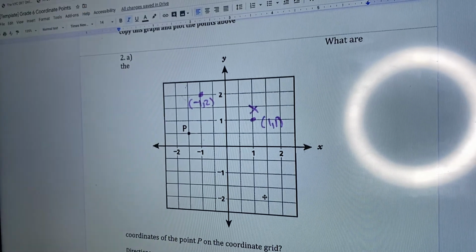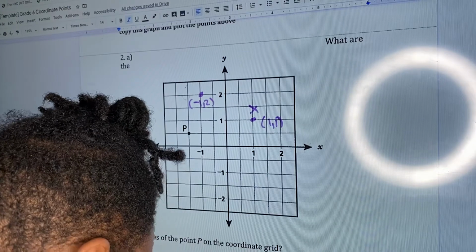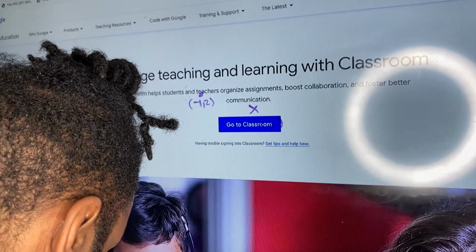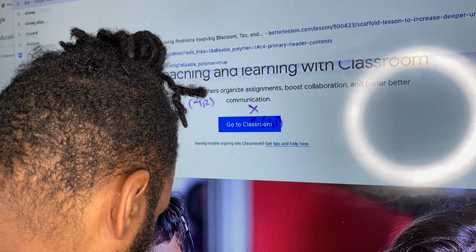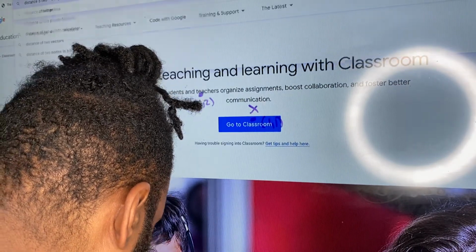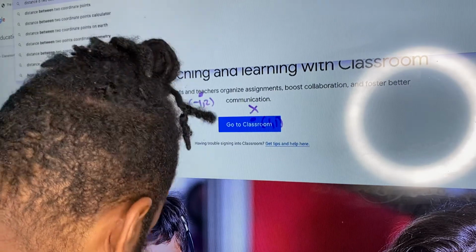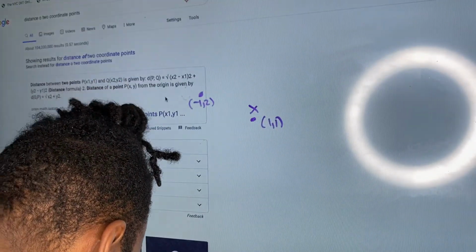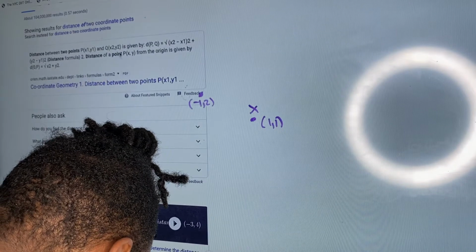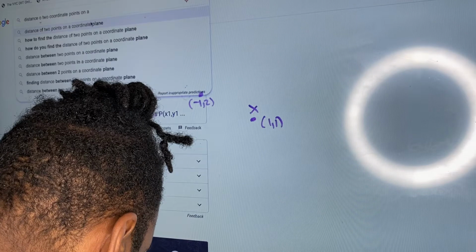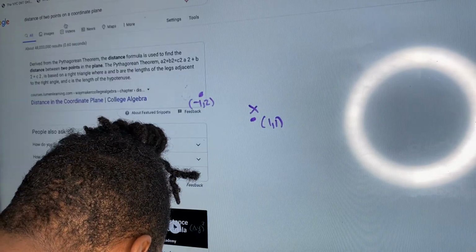So the distance formula, I'll go here. Distance of 2 coordinate points. Right, I'm doing my Googles. On the graph, on the coordinate plane. There we go. Images.